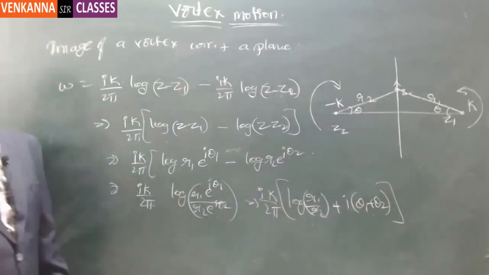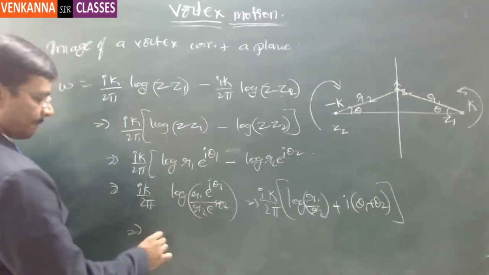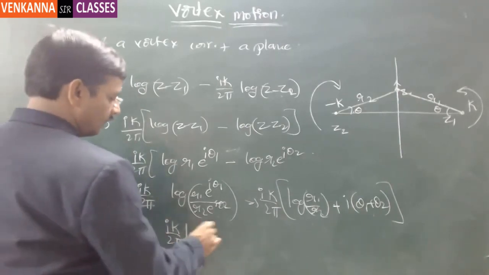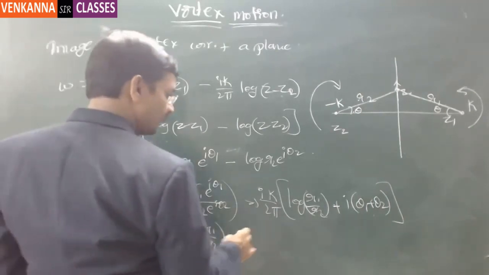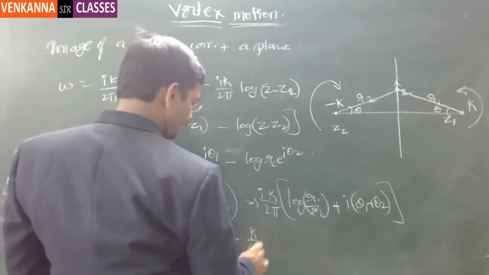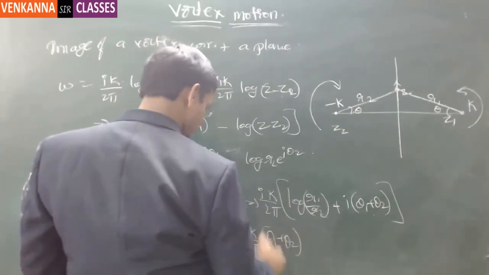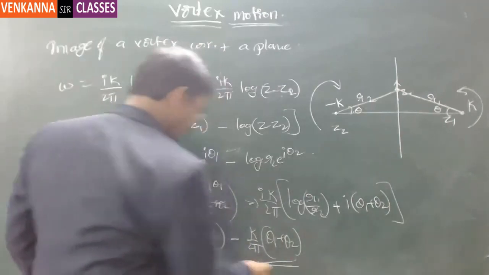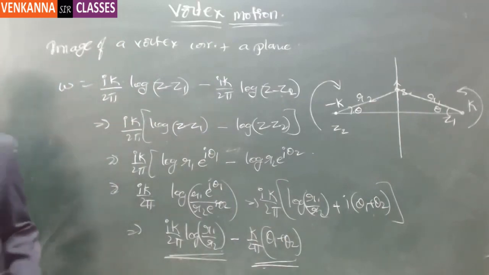So this is ik by 2 pi times log R1 by R2 minus k by 2 pi times theta 1 minus theta 2. So this will be the real part and this will be the imaginary part, right?